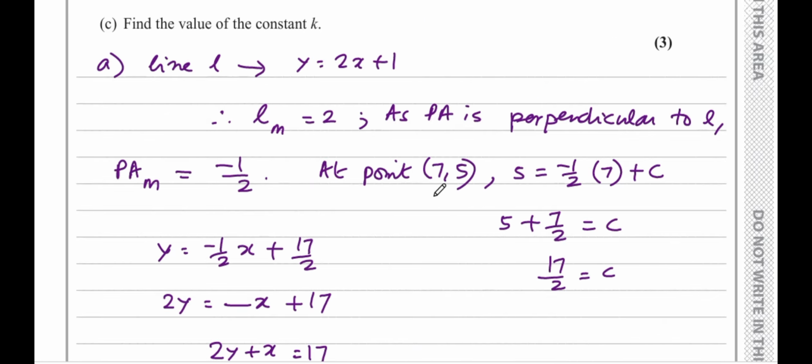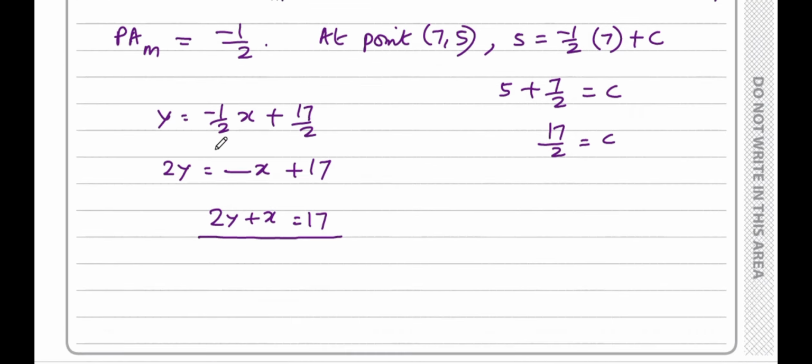We can use the y equals format. That is y is equal to minus half of x plus 17 over 2.